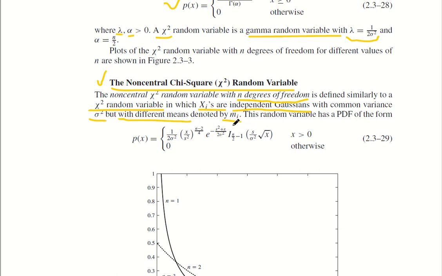What happens before? For the regular chi-square, it has 0 mean. But here we have mi as a mean, which is not 0. So the random variable has a PDF of the form here.